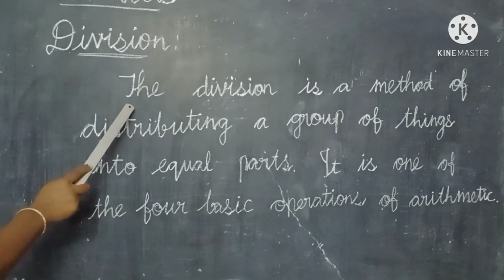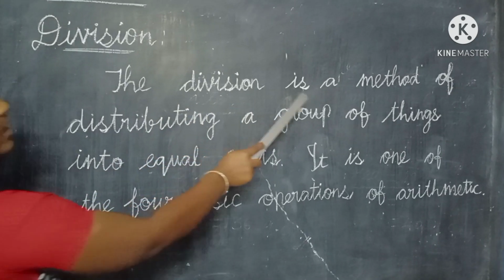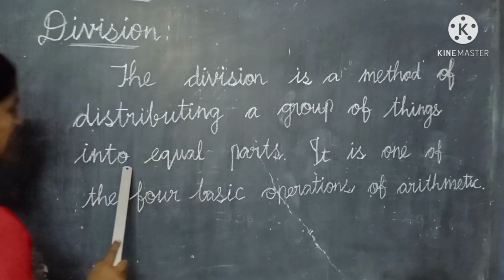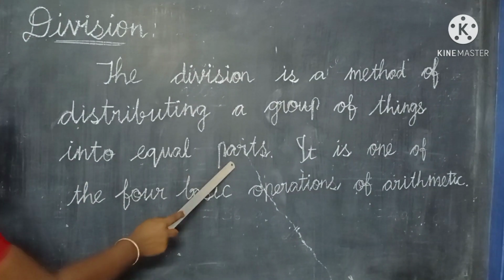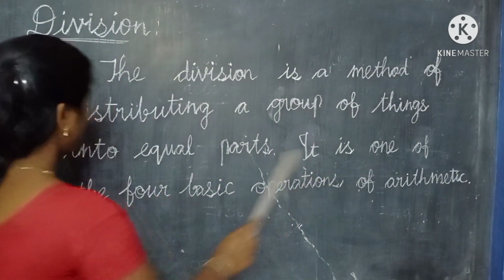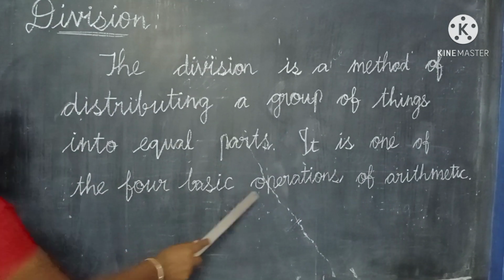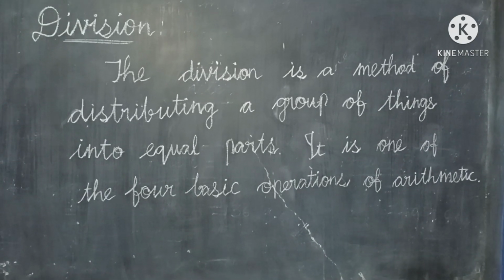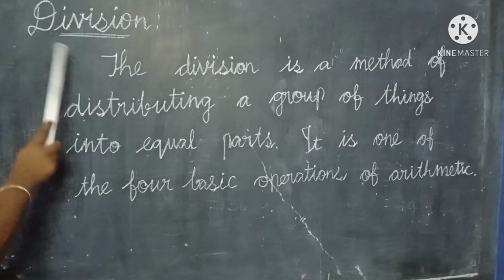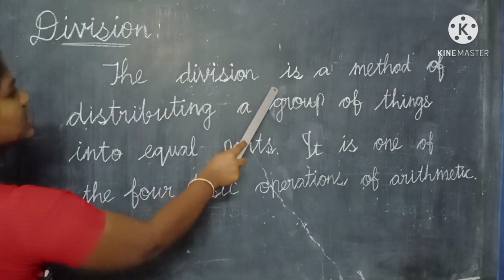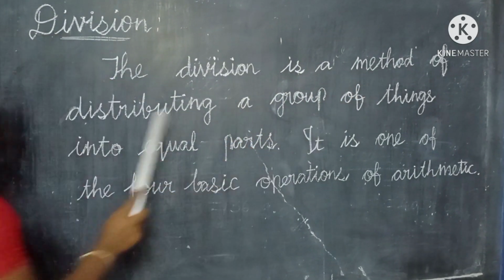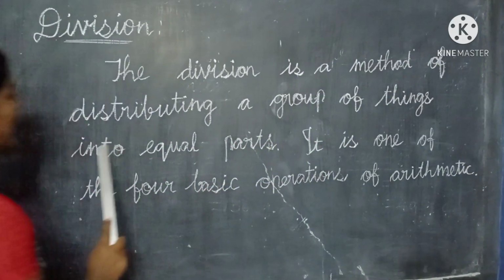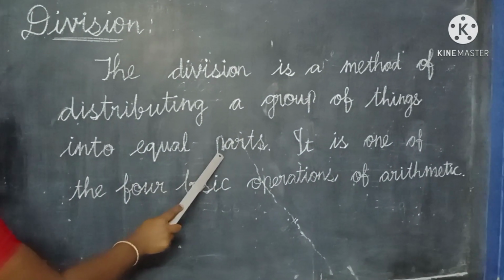Division is a method of distributing a group of things into equal parts.